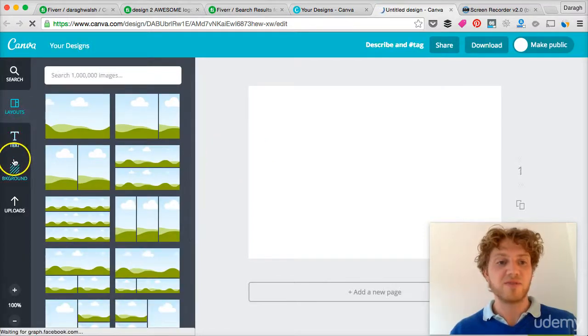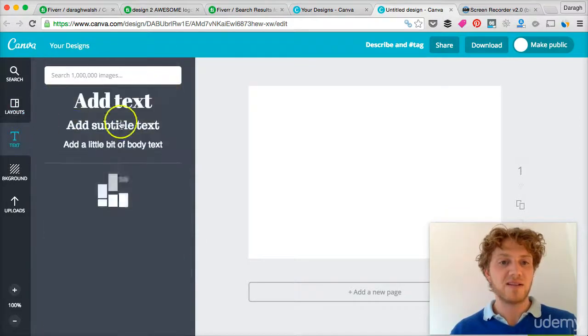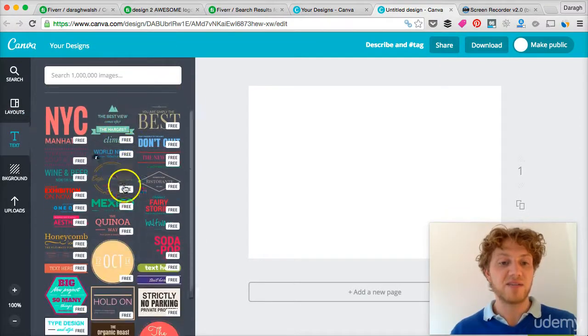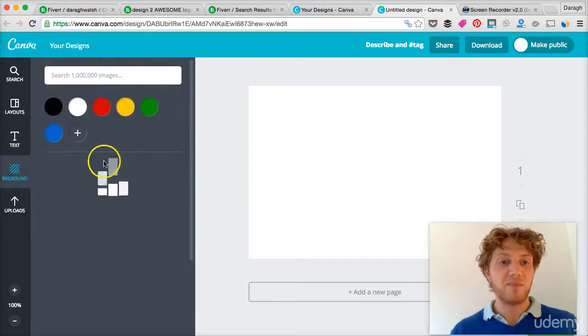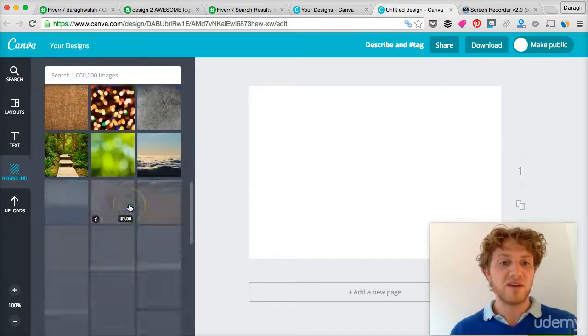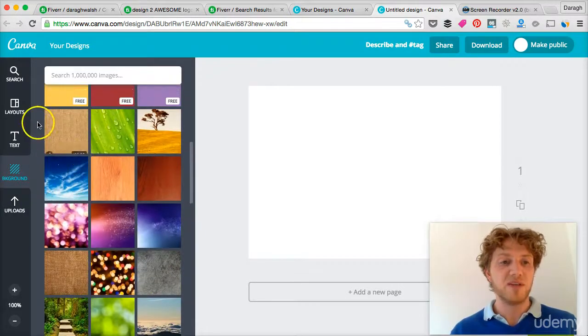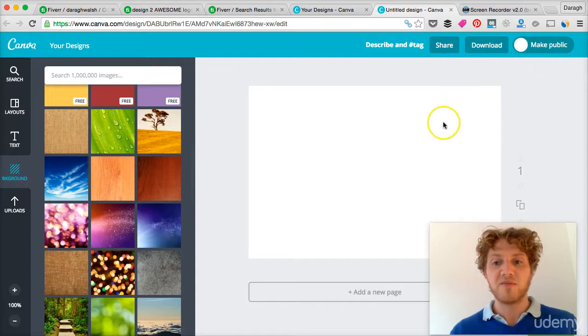So Canva's really good because there's a lot of layouts you can use, and there's a lot of different texts and designs that you can use, backgrounds and stuff. There's just a lot of options here, and a lot of it's royalty free, so some of you have to pay, but you can make a very nice design for no cost at all.